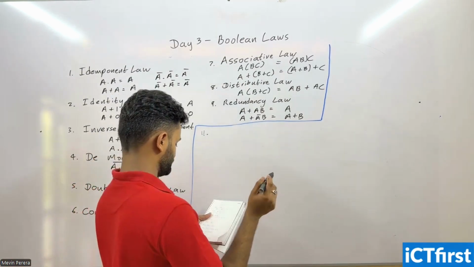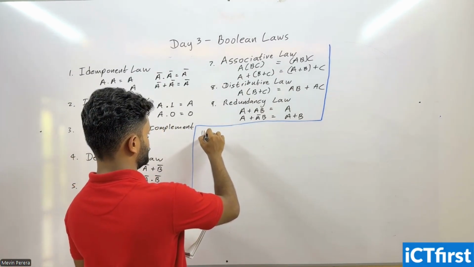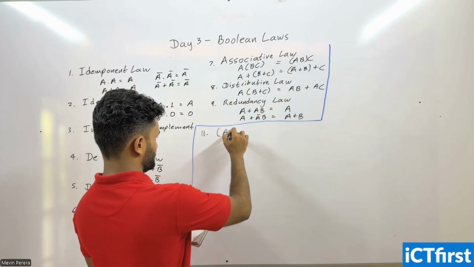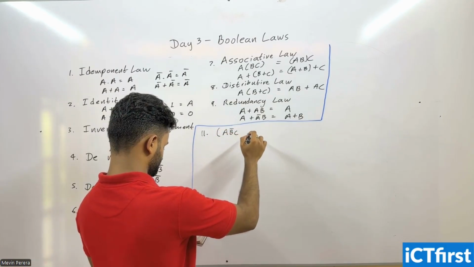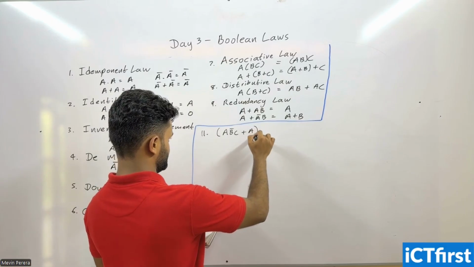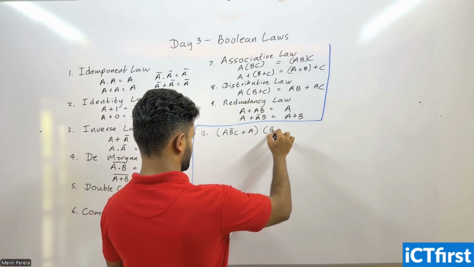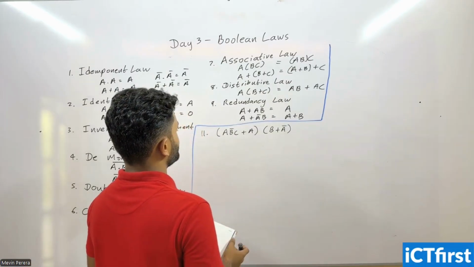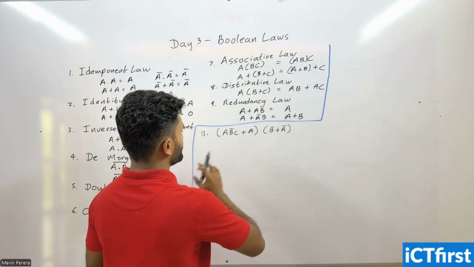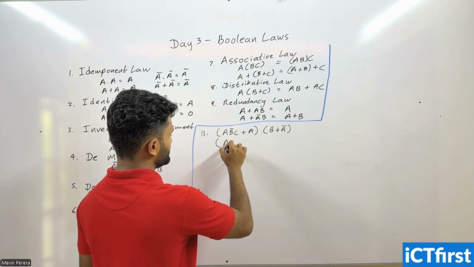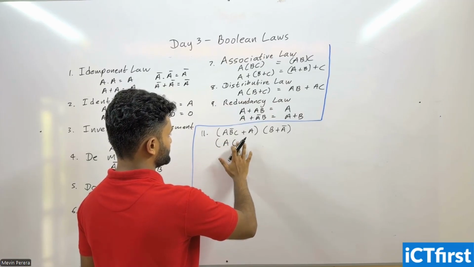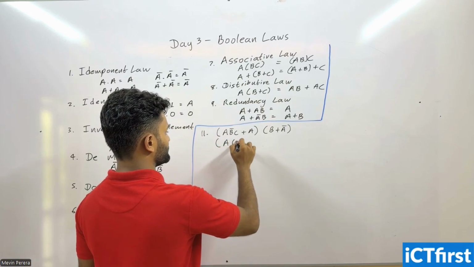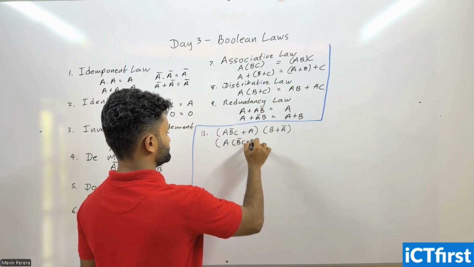So 11th one, A B bar C plus A, B plus A bar. So what we can do here is solve the inside of one bracket and then solve the inside of the other, leaving B plus 1.